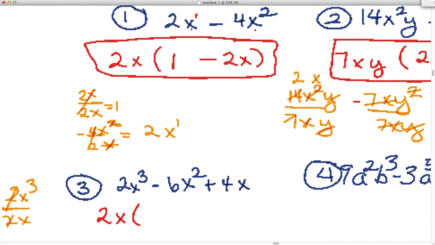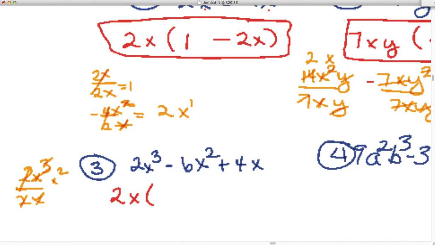The 2's cancel. X cancels, leaving me an x squared up top. And then we have a negative 6x squared over 2x. That would cancel, cancel, cancel. Negative 3x.